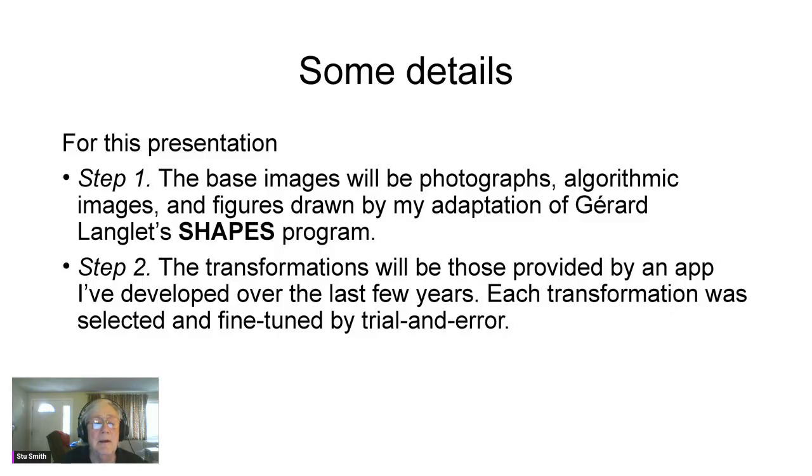And his program was called Shapes. So that's step one. And step two, the transformations will be those that I've put into my app. It's important that I point out that the transformations weren't arbitrary. I had to select them and fine tune them by trial and error over a period of actually a couple of years now.